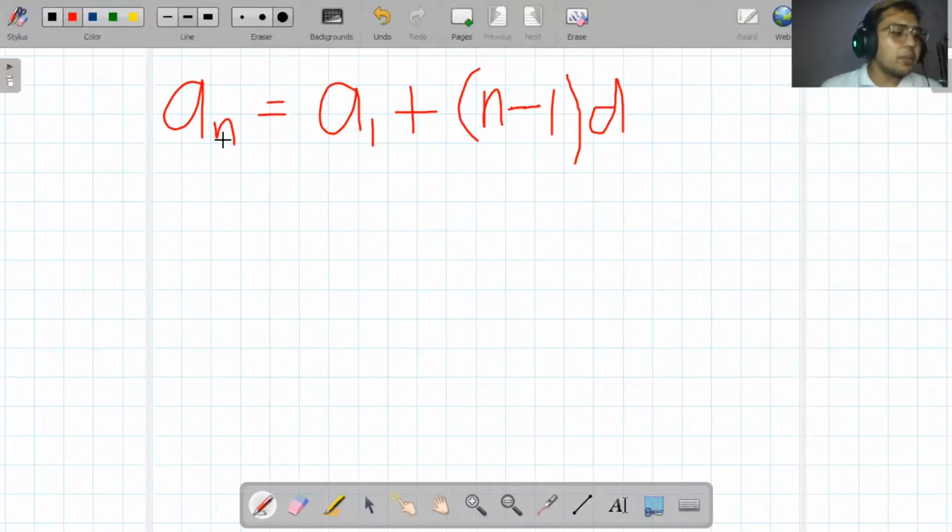So example number 1, we have, let's have example number 2 in page 7, where you have to find the 150th term.